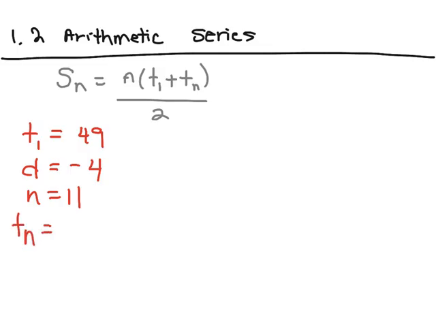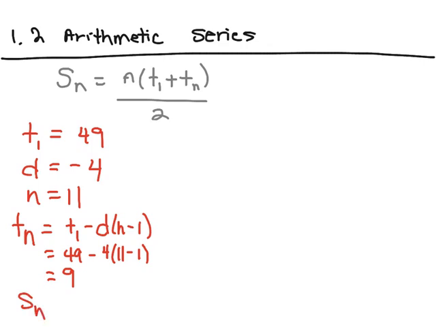So our last term is equal to term 1 plus d times n minus 1, which is 49 minus 4 times 11 minus 1. 49 minus 40 is 9. So our last row will have 9 cans in it, and we're looking for the sum of all the rows.